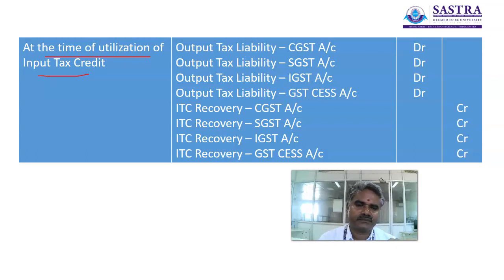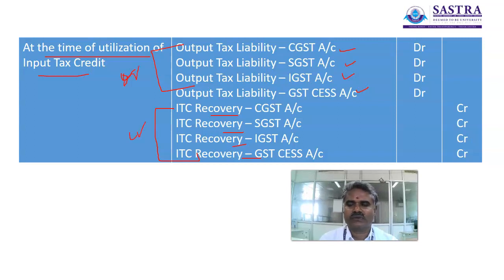Adjustment or set-off of ITC against tax payable, output tax. So output tax liability, CGST, SGST, IGST, just so recovery. Because already they are in debit, they are in credit. So now they have to debit and credit.